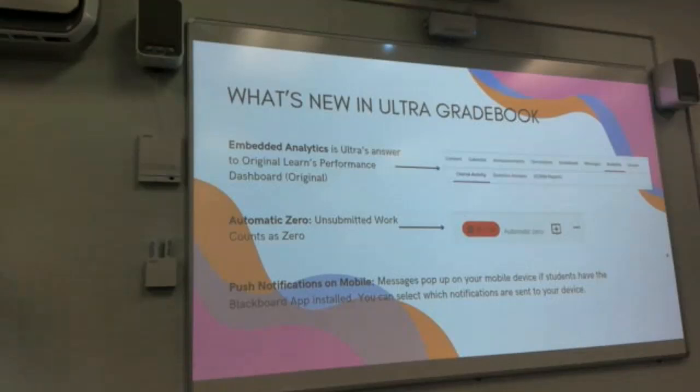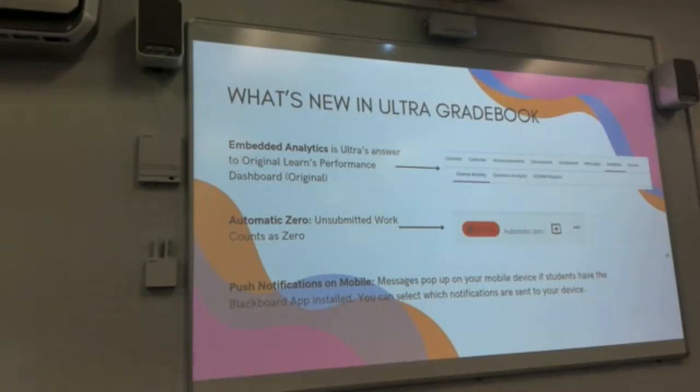But they'll still be able to submit something after that's automatically 0? Yes, because you just have to not check the box that says prohibit submissions after due date. So as long as that one's not checked, they can still submit. Okay. And when they do that, it's just going to say submitted late.